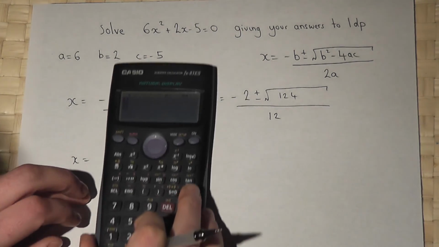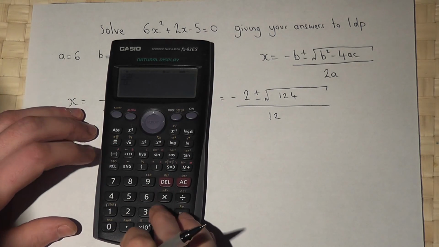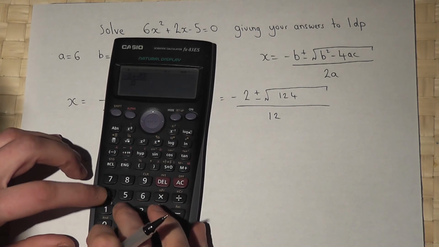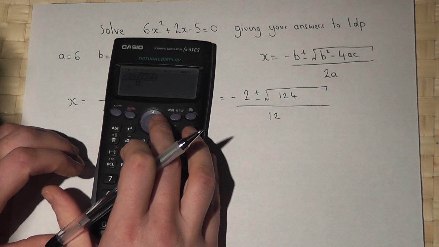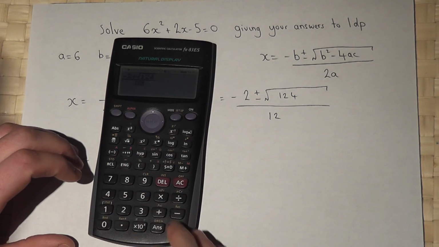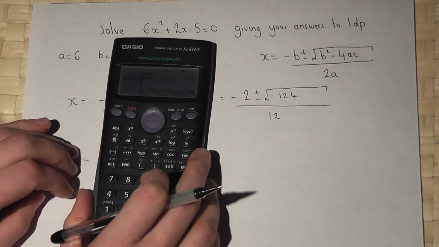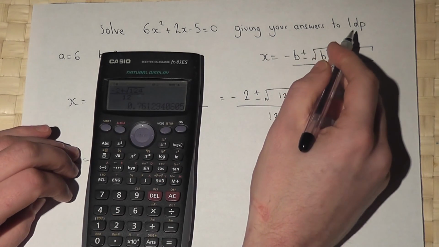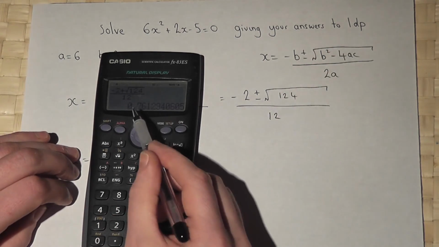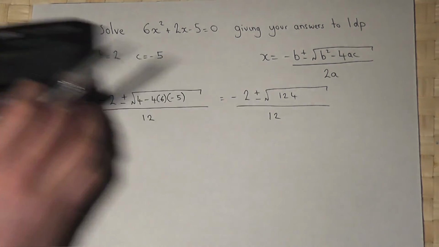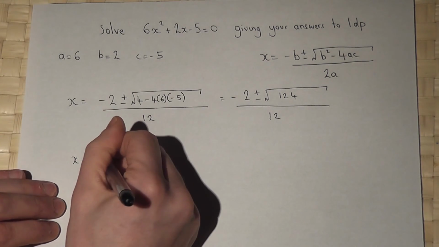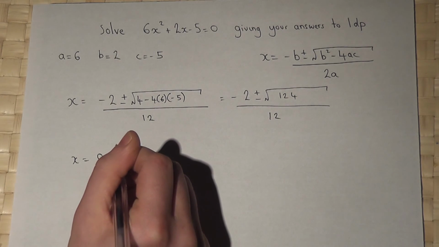So, fraction, minus 2 plus the square root of 124 divided by 12, press enter, press the SD button, and we want it to 1 dp, so the answer is 0.8. So x equals 0.8 is our first solution.